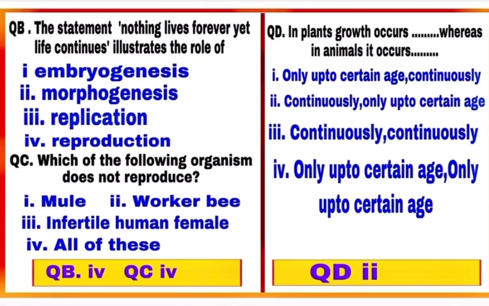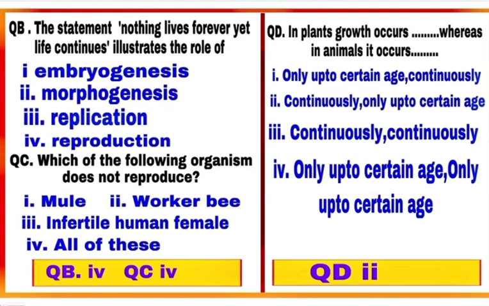Question C. Which of the following organisms does not reproduce? Mule, which is a hybrid of male donkey and female horse, worker bee, which is a sterile female, and an infertile human female. All the 3 are unable to reproduce. So, correct answer is 4, all of these. Mark 4.